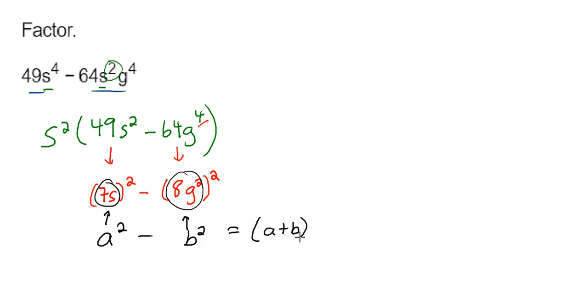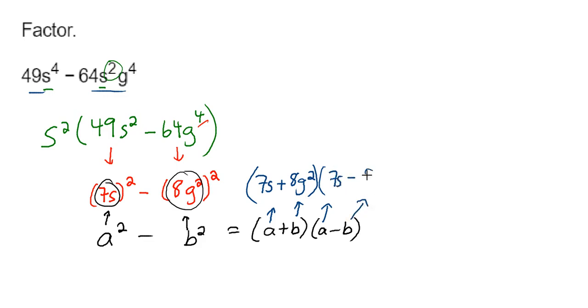The formula factors as a plus b times a minus b, but instead of a, I have in my problem 7s, plus instead of b, I have 8g squared. So that's what I will have as my first factor. My second factor, instead of a, I guess let me draw an arrow for that too. Instead of a, I'll have 7s minus, instead of b, I will have 8g squared.